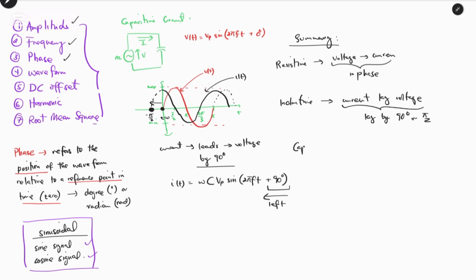And for the capacitive circuit, the current leads the voltage, and in this example it is leading by pi on 2 or 90 degrees. So in terms of the phase difference in an electrical circuit, components such as a resistor, inductor, and capacitor normally handle the phase shifting of the alternating signal in an electrical circuit.